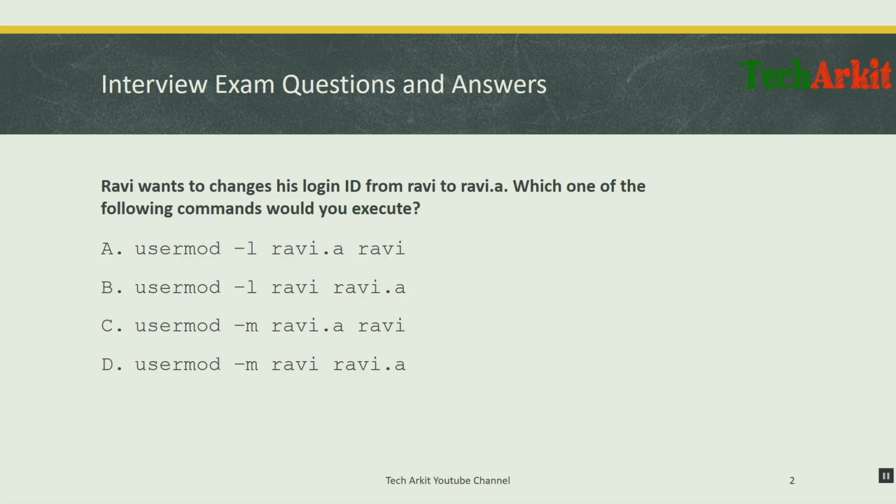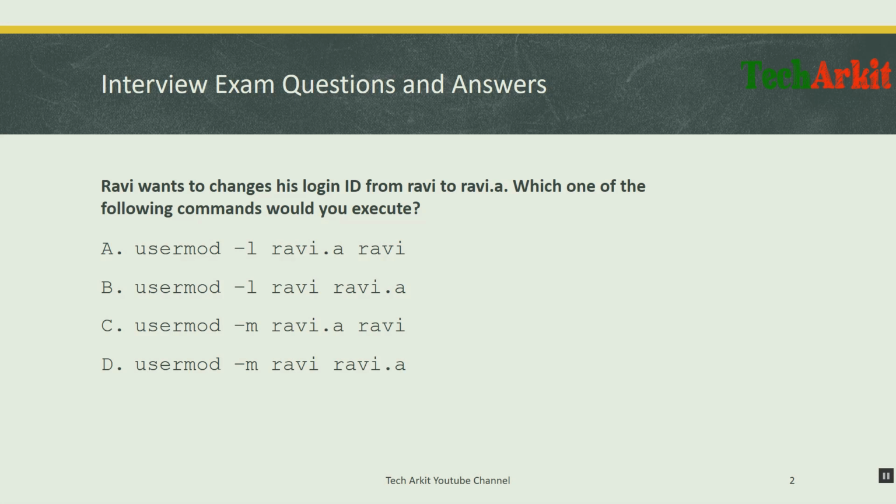The first interview question is that Ravi wants to change his login ID from Ravi to ravi.a. Which one of the following commands would you execute? For example, the current user ID of Ravi is Ravi, but he wants to change the login user ID from Ravi to ravi.a.